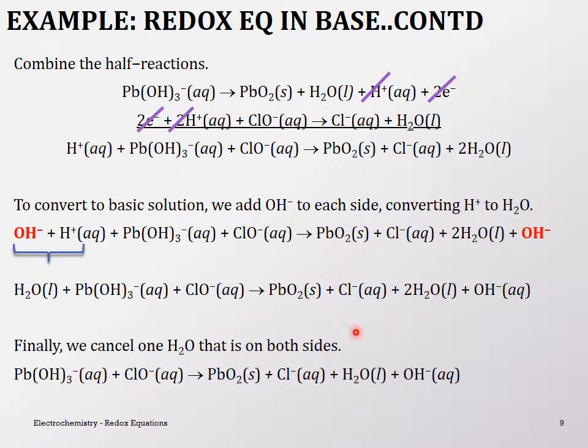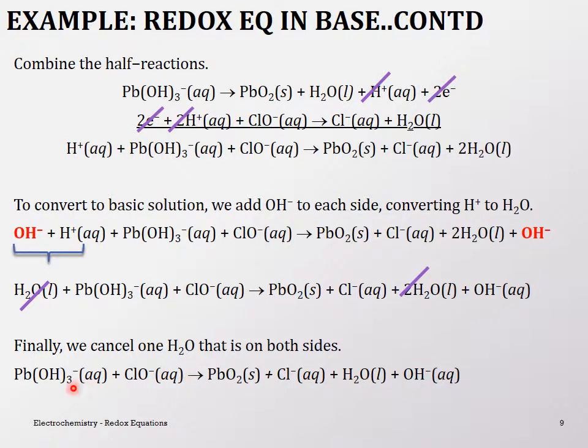To come to the final equation, you have to cancel out the water, because before we had to add water to our equations, and now we have water on the left hand side and the right hand side. So you need to cross out the waters, okay, over here, and then once you cross out the extra waters you will have the excess remaining. Here in this case it will be on the right hand side. So you have one water molecule on the left, so you have only one water molecule left on the right hand side.